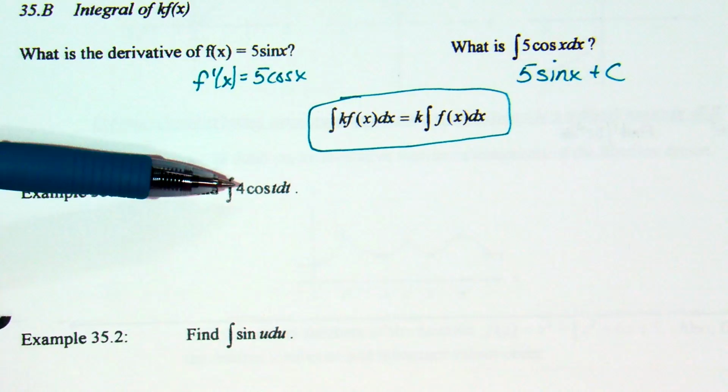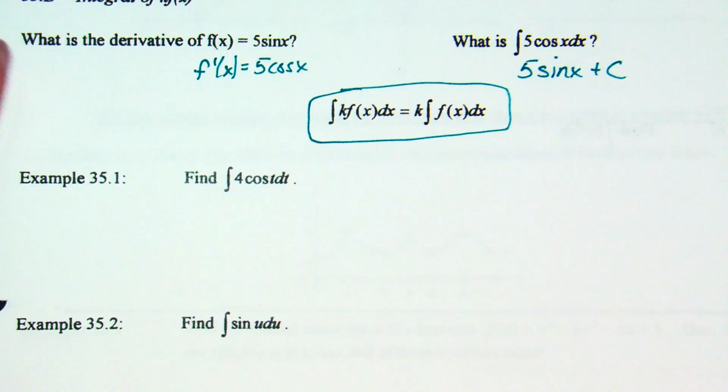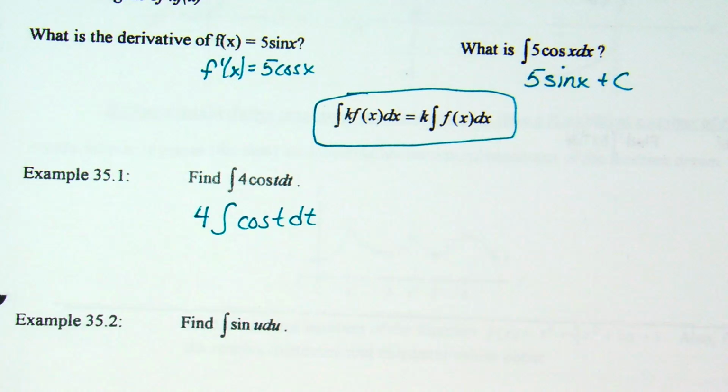And so that rule, I'm not saying you have to do this, is just saying that you can rewrite this, if that is helpful to you, to where the 4 is out front, because it's just a constant. So you can move that 4 over the integral. And so we're going to do 4 times whatever the integral, or the antiderivative, of cosine is. Okay, it's just a notation thing.